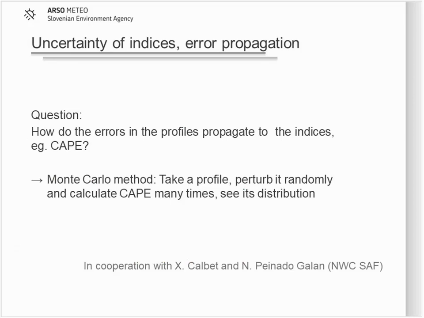So we take one profile, we perturb it randomly, and then calculate CAPE many times. And then we build a distribution of those CAPEs to see how they behave. And I just want to acknowledge the help of Xavier Calvet and Niobe Peinado from Nowcasting staff. This work was done in cooperation with them.